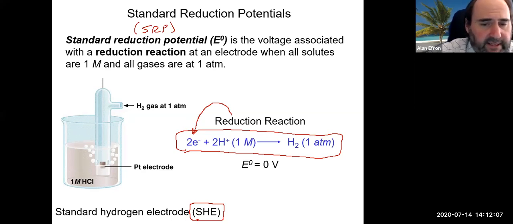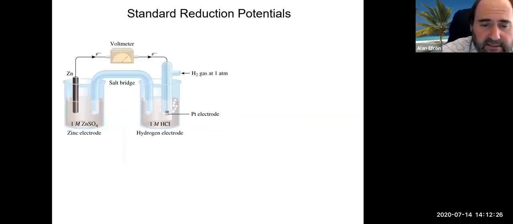And this made it pretty easy, because all they had to do was hook up the standard hydrogen electrode with other electrodes and measure the cell voltage. Then they could figure out what the SRP values were for other elements going through this type of reaction.